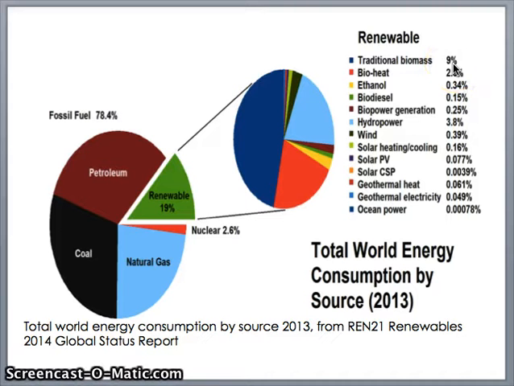And that's because a lot of people in the developing world burn things like wood for fire, and it's a very common way to get energy. Bioheat is 2.6%. Ethanol, biodiesel, biopower generation is less than 1%. So it's up and coming, but the traditional way of using biomass is to burn plant products for energy in the world.